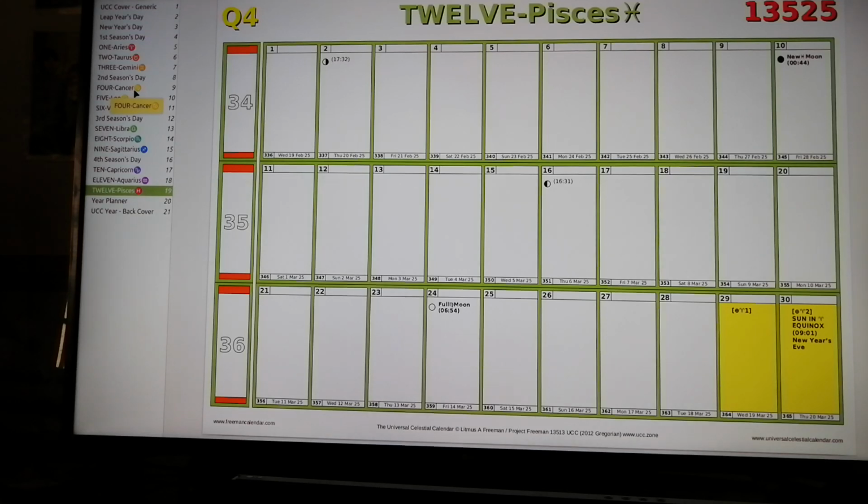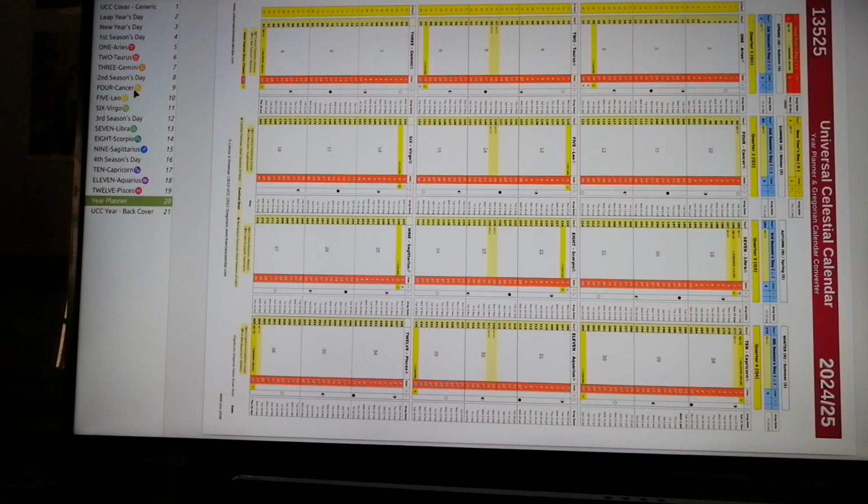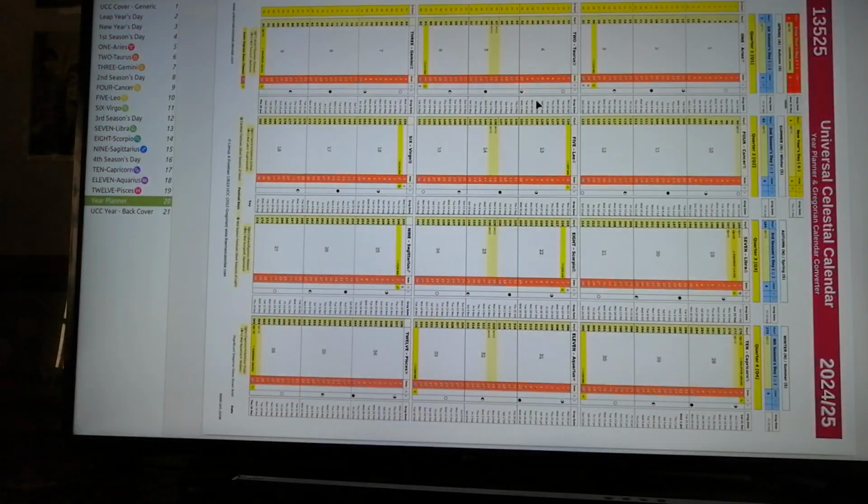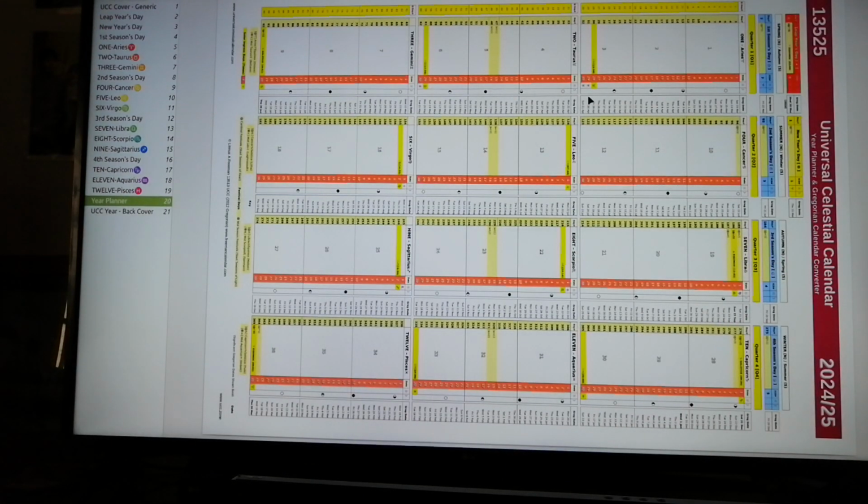And then in the back of your calendar, you've got a year planner. So this shows you, obviously you turn this up the right way and put it this way up rather than this way. And then you've got, this is the first quarter, which would be Northern Hemisphere spring.